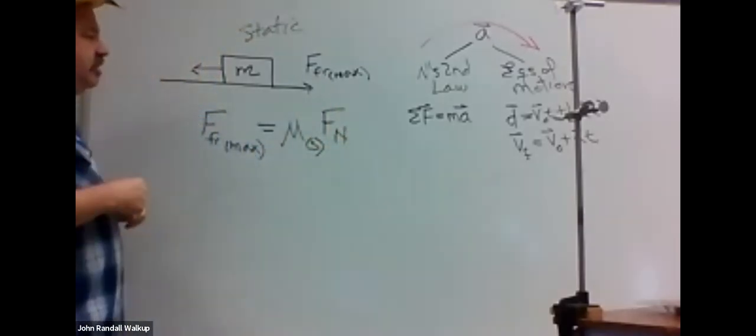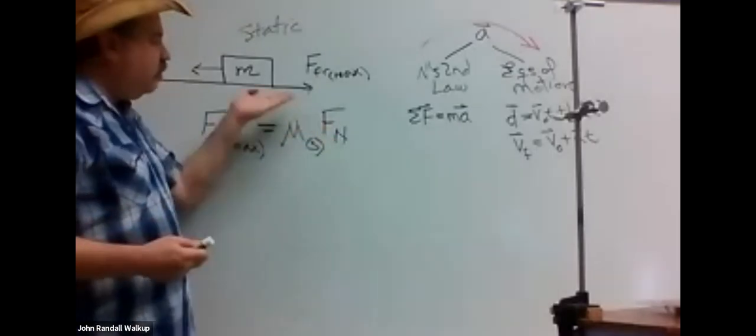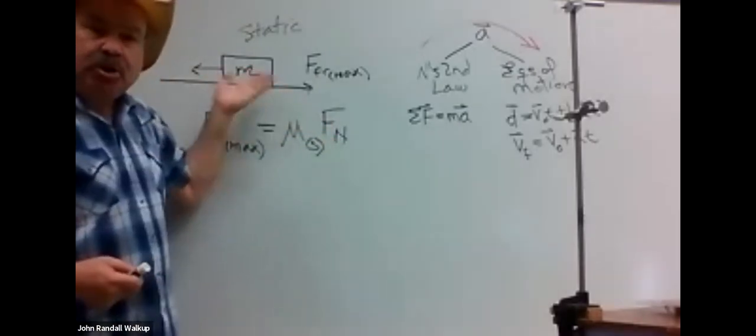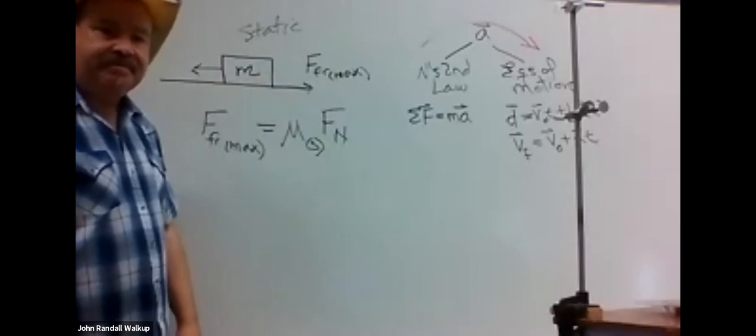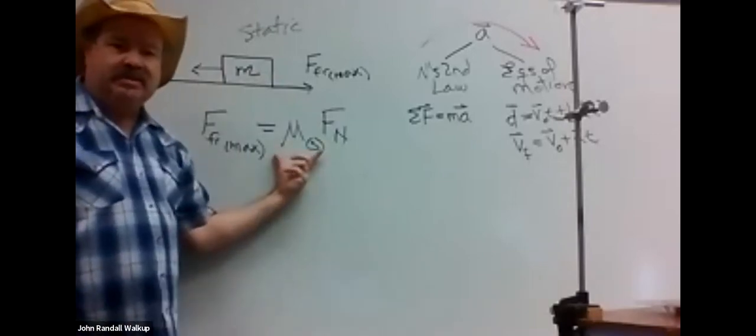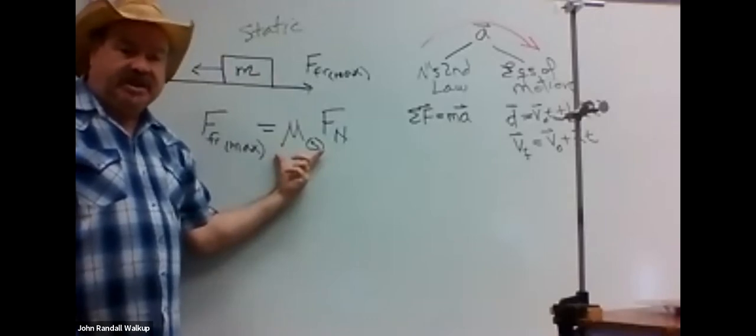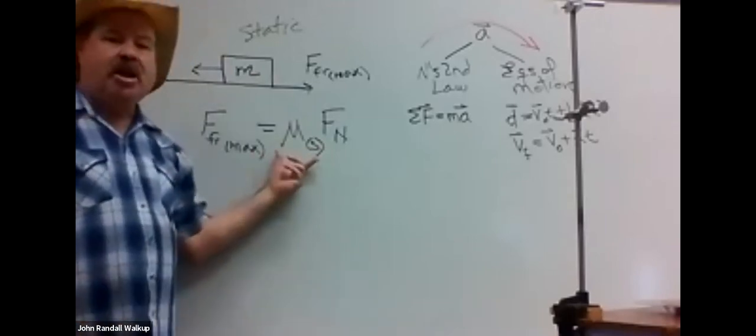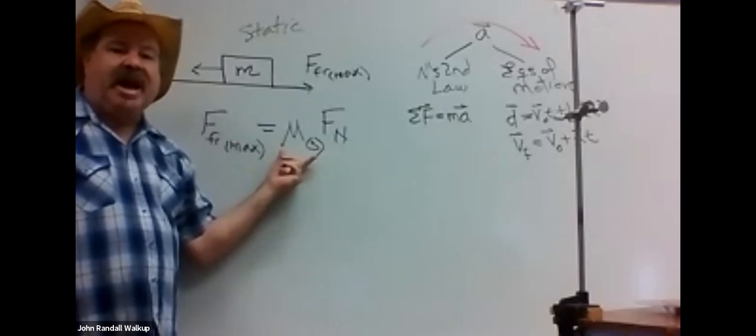The normal force provided by the surface that's creating the friction in the first place. What is this? It's a number. It's the coefficient of static friction.